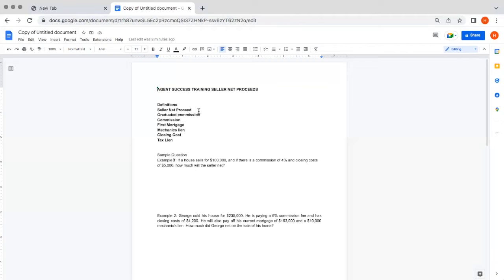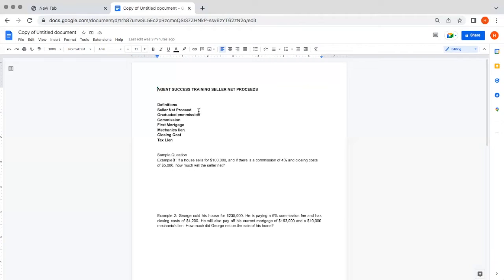Typically, that's called a due on sale clause, where the mortgage is due on sale. Every mortgage has one in it, which says you have to pay the mortgage when you sell it. We'll be talking about that in other classes.